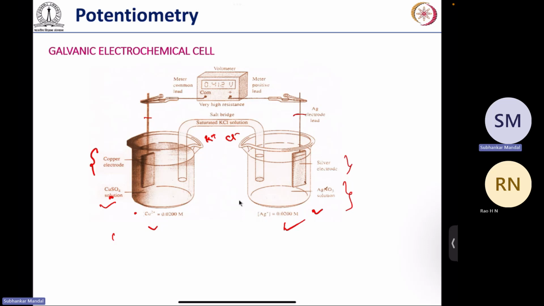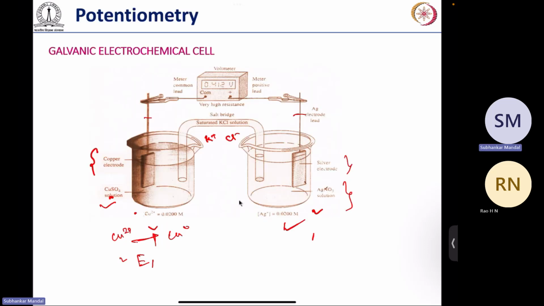So in the case of copper, Cu2+ going to Cu, whatever potential, suppose it is E1, and for silver nitrate, Ag+ is going to Ag, suppose that is E2. So it will give the information E2 minus E1. Whatever difference that is, that will show in the voltmeter. Okay, so that is there.